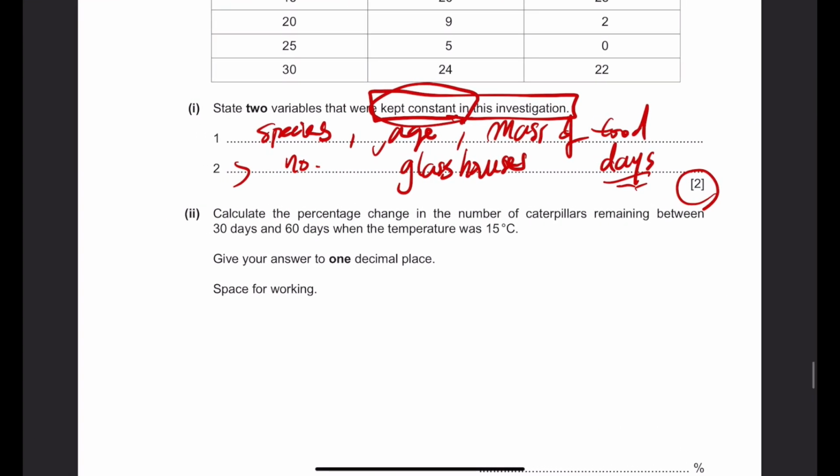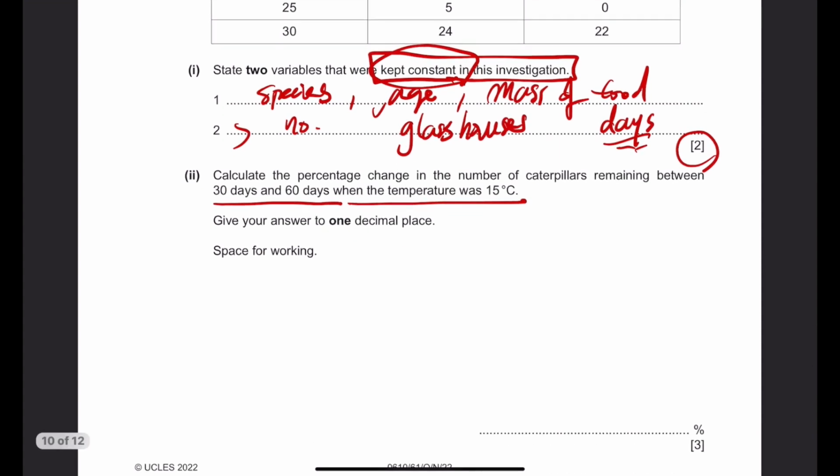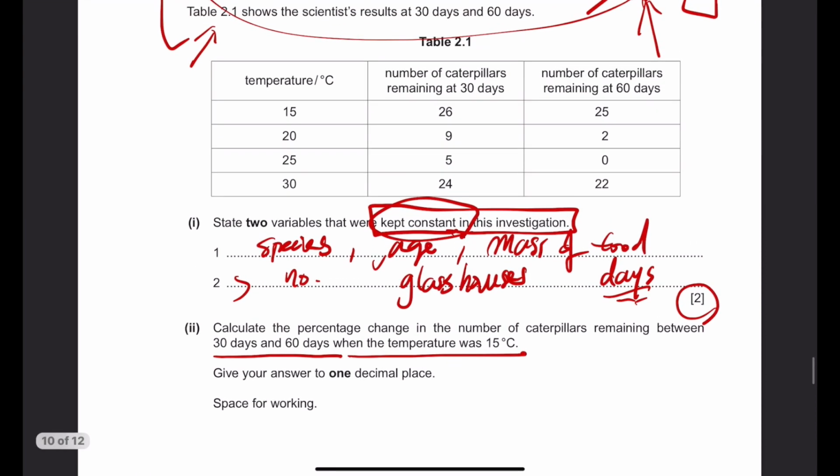The next one comes quite often as well. Many questions ask percentage change. Calculate the percentage change in the number of caterpillars remaining between 30 days and 60 days when the temperature was 15 degrees Celsius. Okay, so how do you get it? You have to find the right temperature first. And the number changes from 26 to 25. So that's the initial value, and that's the final value.